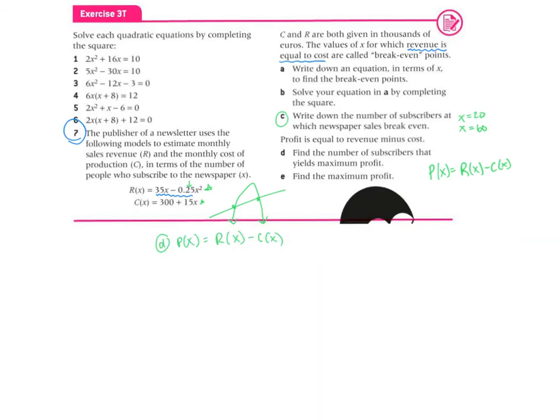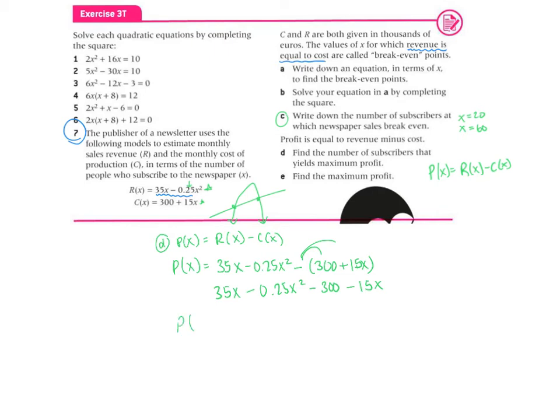So what we have to do is first set up our profit function by taking the revenue function and subtracting the cost function, minus 15x. I'm going to distribute the negative, combine like terms, and put it in order.